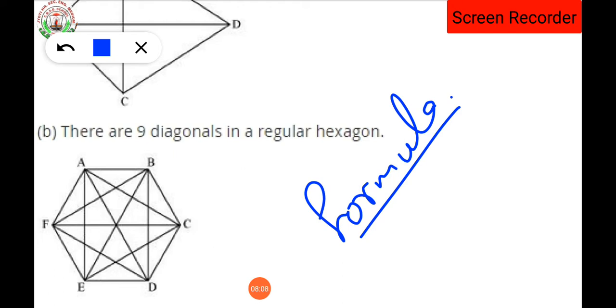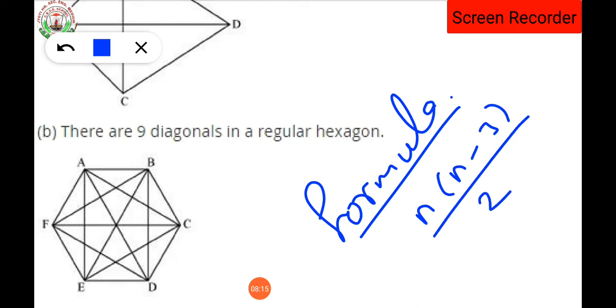So there is a formula. The formula is n into n minus 3 upon 2. With the help of this formula only we can solve the diagonal questions. Many questions are there in this exercise where we have to use this formula for solving the question.